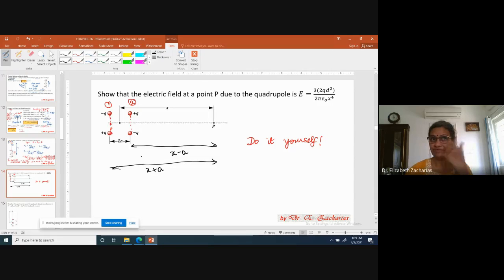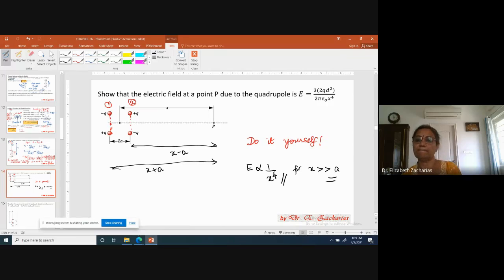For a dipole, the plus and minus you have to see carefully, and then get what is going to be the field at this point P because of both of them, and then do an addition and get your answer. And you will find that the electric field is going to fall off as 1 by x to the power of 4 for x much greater than a.